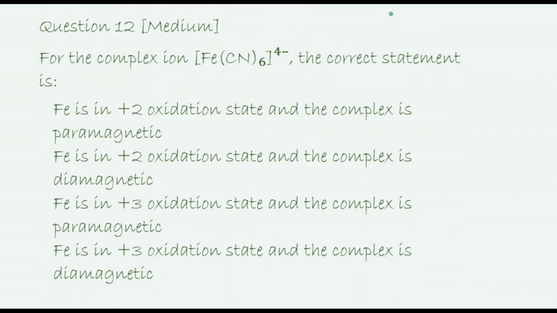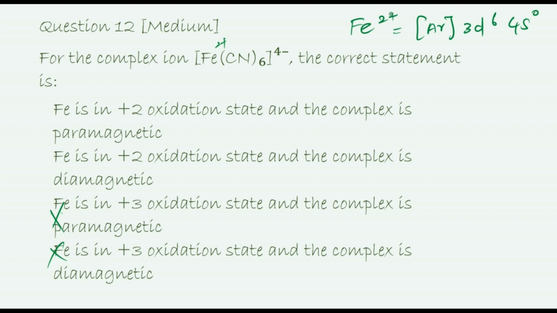Then for the complex ion [Fe(CN)6]4-, the correct statement is: So what is the oxidation state? That is +2. So this can't be the answer. Remaining A and B, whether the complex is paramagnetic or diamagnetic, that we have to find. So here you can see Fe2+, which is after argon, 3d6 4s0.